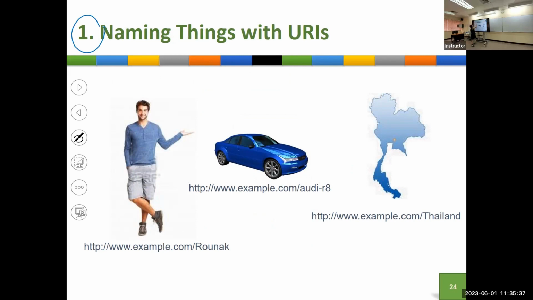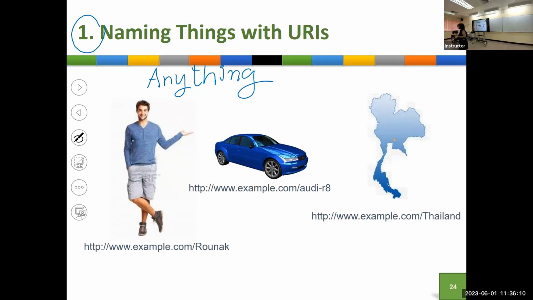Meaning that anything, remember, when we talk about data on the web, it can be data about anything or everything. Can be a person, data about a person that you want to describe, right? Suppose this person, okay. Could be a car, a physical object, could be about a country, could be about AIT, could be about a cat, a dog, could be about a device, gadget, and so on.